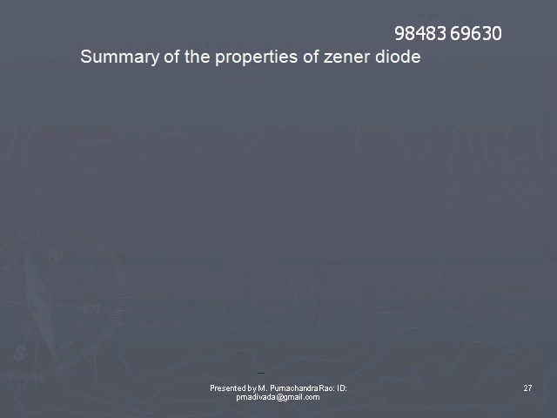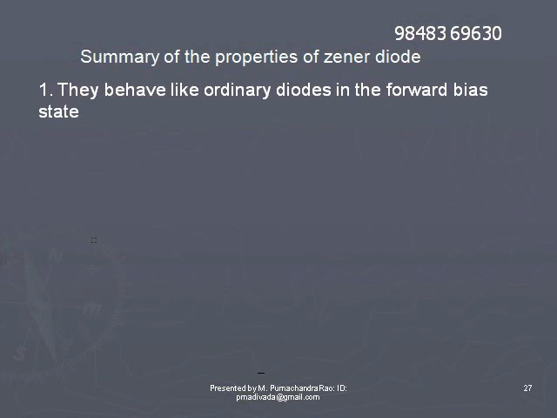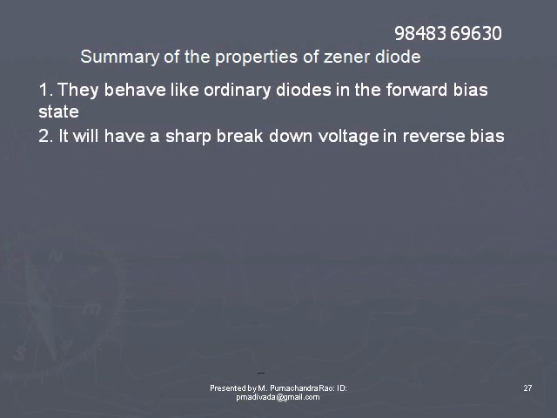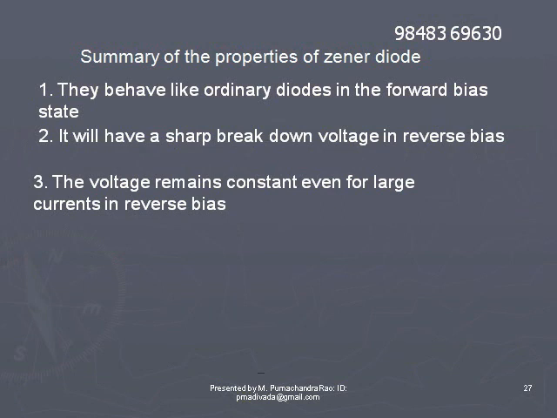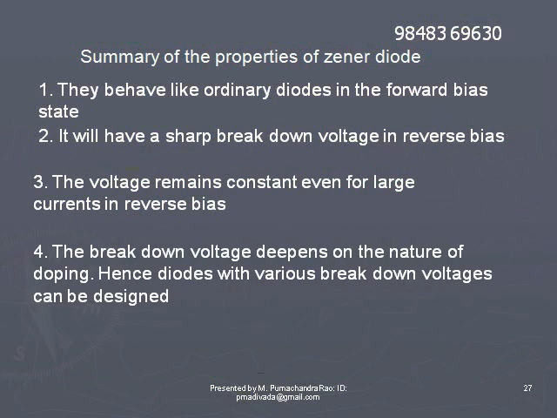Summary of the characteristics of Zener diode. They behave like ordinary diodes in forward bias. They have a sharp breakdown voltage in reverse bias. This breakdown voltage remains constant even if large currents pass in the reverse bias. The breakdown voltage depends on the nature of the doping.